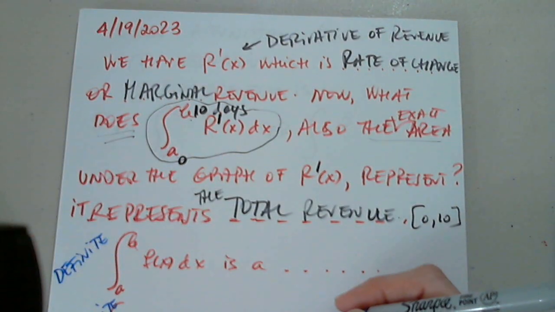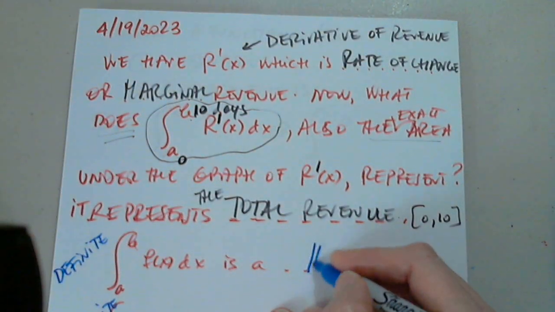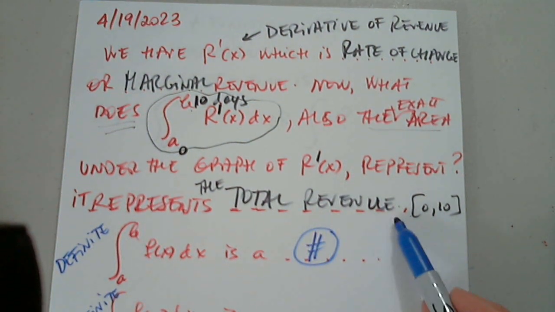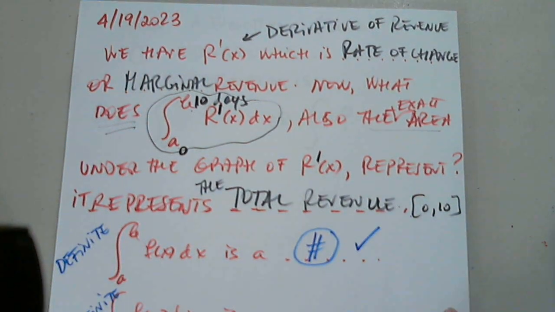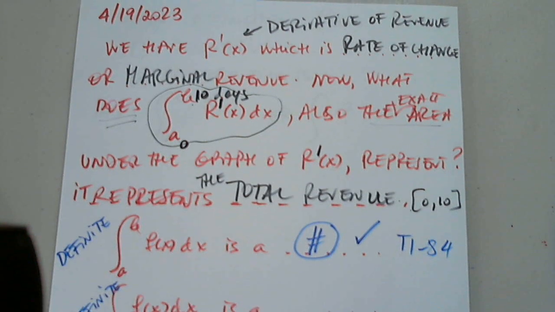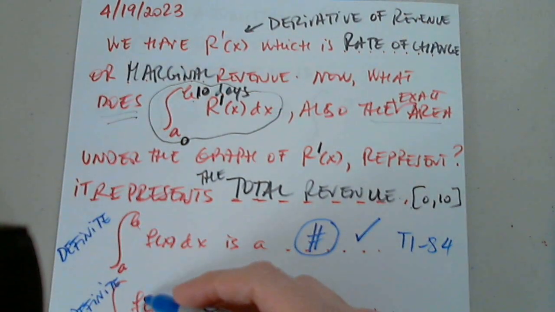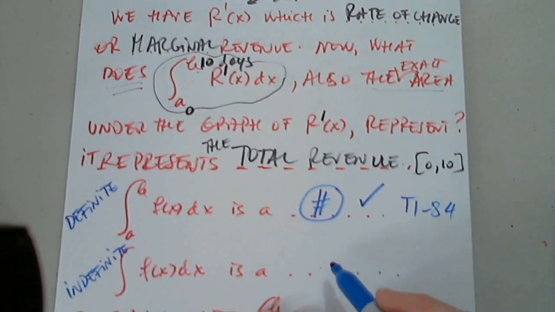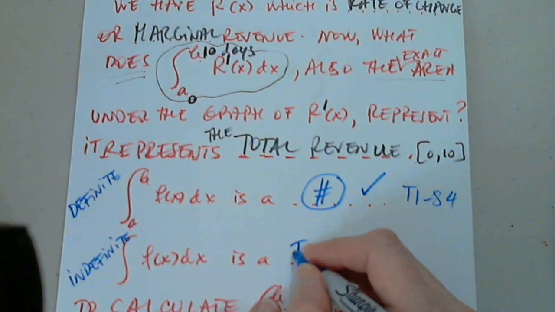The definite is a number. It's the area, the total distance, the total revenue, the total cost. This is always a number, and we can check it with the TI-84. But what is the indefinite? It gives us an equation. It's a family of functions.